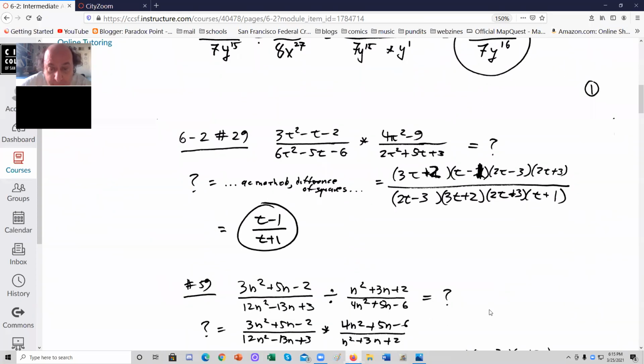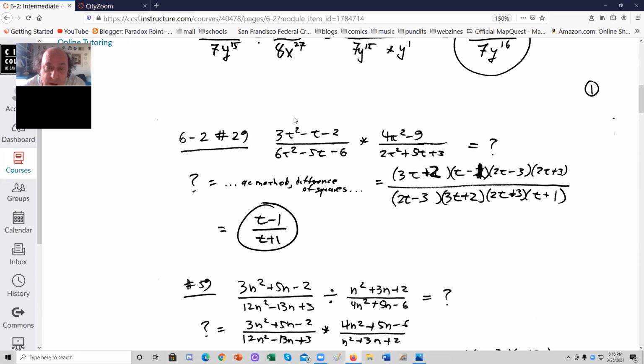All right, we'll do some examples. We have this, which is a mess: 3t squared minus t minus 2 over 6t squared minus 5t minus 6 times 4t squared minus 9 over 2t squared plus 5t plus 3. I skip a large number of steps by the AC method, which we've gone over many times before.